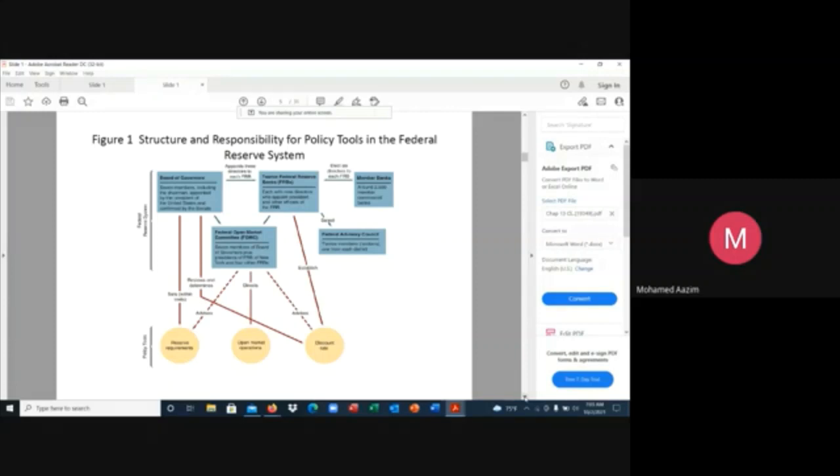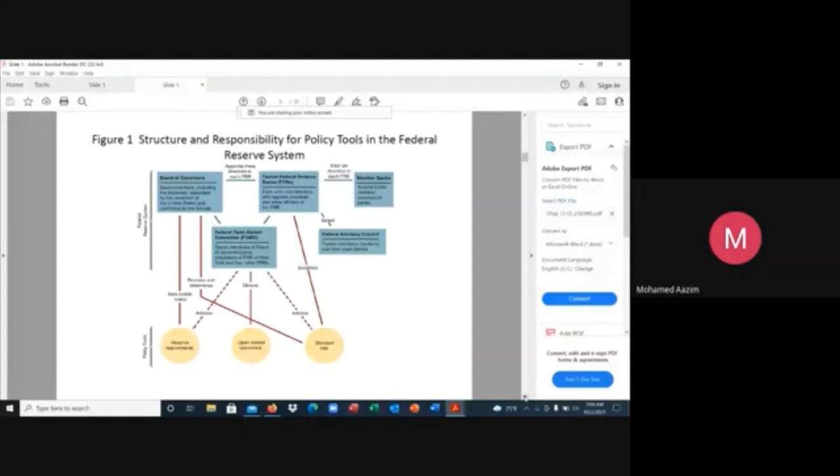And then we also highlighted that when it comes to the Central Bank of Sri Lanka, we have the Monetary Board. The Monetary Board could be directly compared with the Board of Governors. And then we also have the Monetary Policy Committee that can be compared to the FOMC, the Federal Open Market Committee. But even the Monetary Policy Committee's final recommendation would require the Monetary Board's concurrence, if not approval, for implementation.